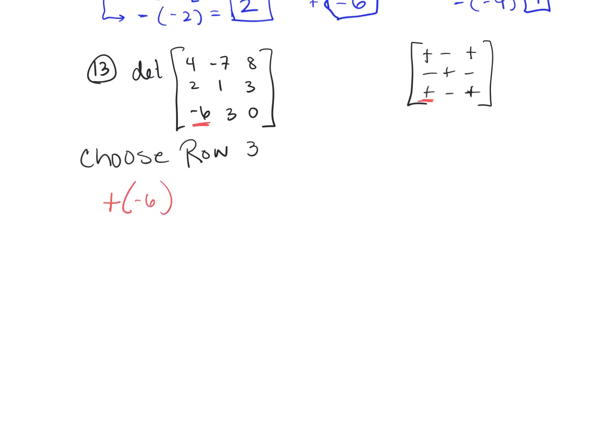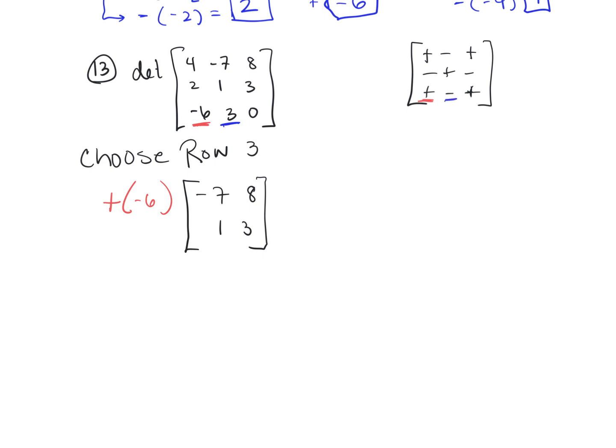So just like the last problems, I'm going to cross out row 3, column 1, because that is where negative 6 is. I'm going to erase it, but we want to see that our minor is negative 7, 8, 1, 3. So I'm going to say negative 7, 8, 1, 3. And what I'm going to do is I'm going to set this up first. I'll do the math in just a few minutes. So when I choose row 3, my next number will be 3.